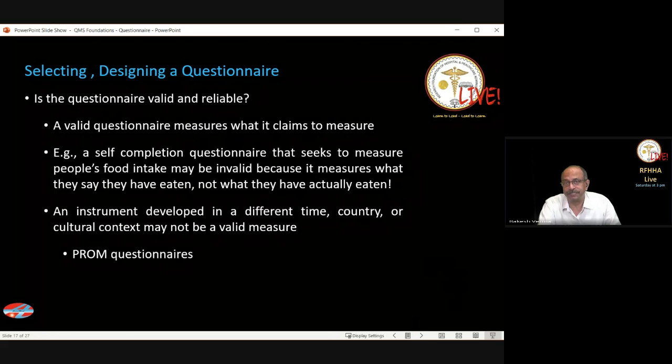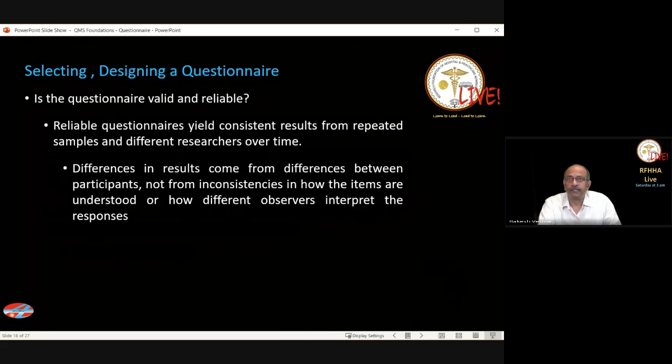For example, measuring PROMs. The next is, reliable questionnaires yield consistent results from repeated samples and different researchers over time. So differences in results come from differences between the participants, not from inconsistencies in how the items are understood or how different observers interpret the responses.